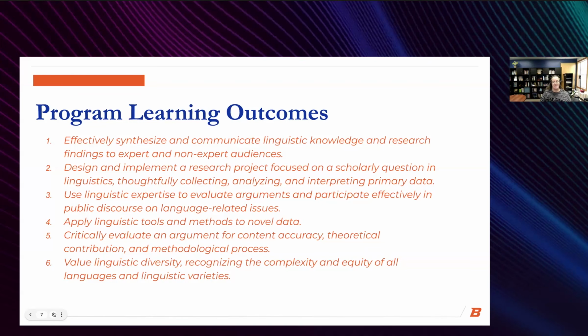And others might be more standard for academic programs in general. So like number 4, applying linguistic tools and methods to novel data. That's probably fairly common in social science majors, to be able to apply the tools and methods from their discipline to novel data.